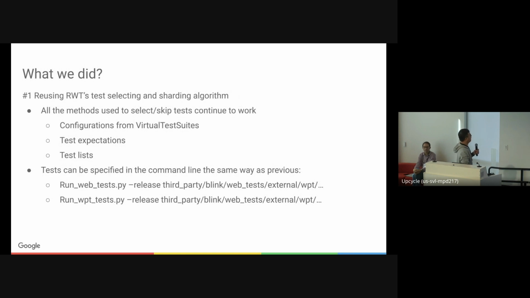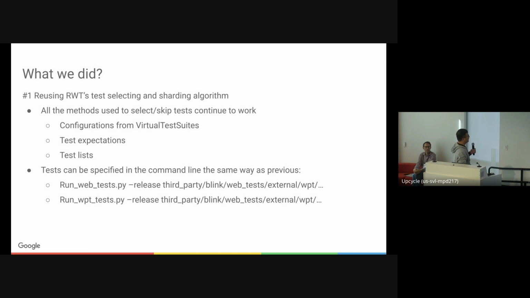First, we're trying to reuse the test selecting and sharding algorithms from the run_web_tests side. Doing this automatically makes a lot of features in run_web_tests available in run_wpt_tests. For example, the exclusive tests configuration and the platform configuration from virtual test suites continue to work.